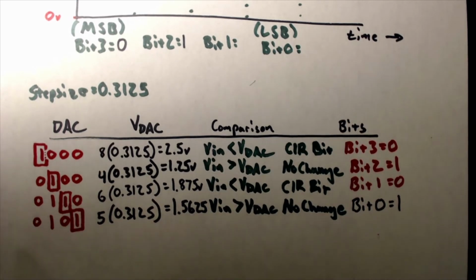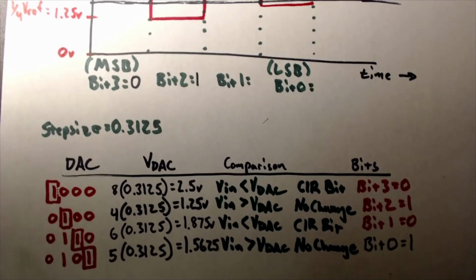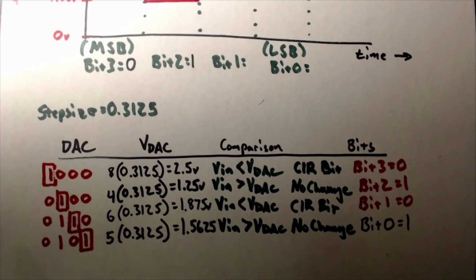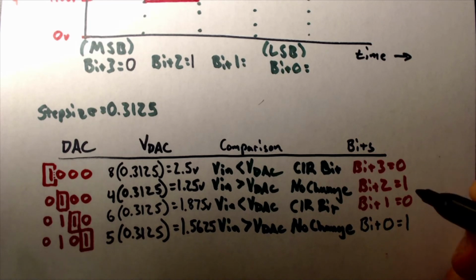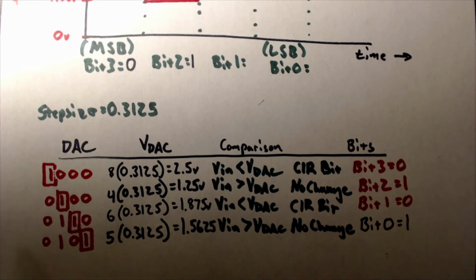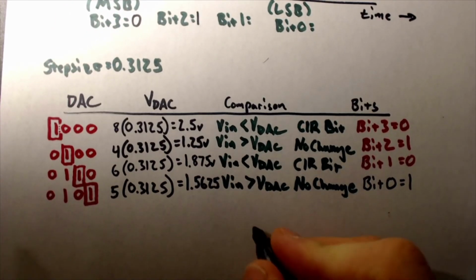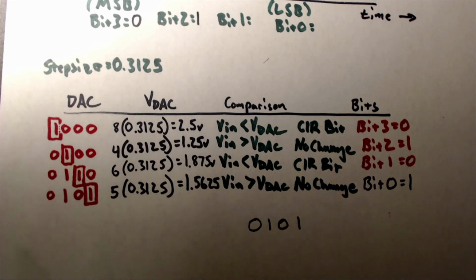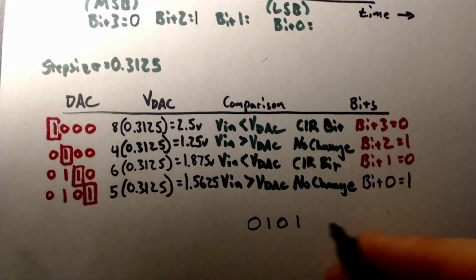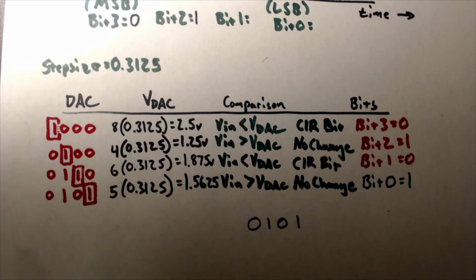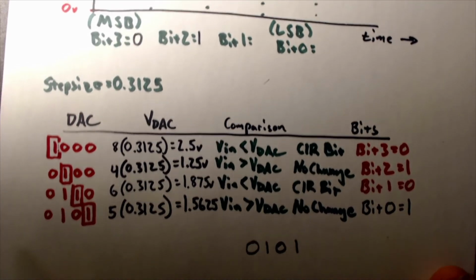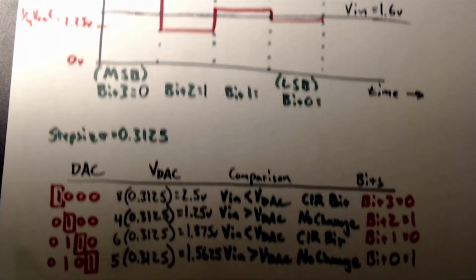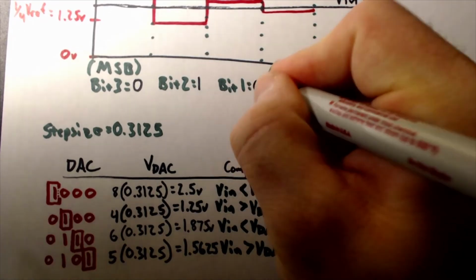Okay, so what's the result of this conversion? Well, at the end of the day, our most significant bit is 0, second bit 1, first bit 0, bit 0 is 1. So we ended up with a converted value of 0101, or in other words, 5. Should have finished the graph over here.